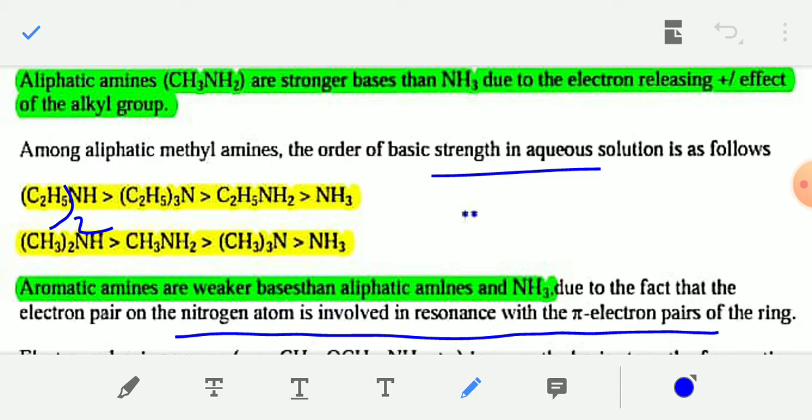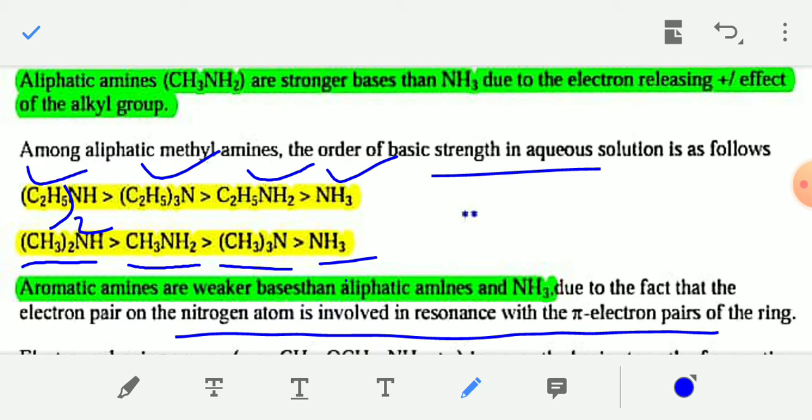In aqueous solution, the basic strength of different ethylamines is in the order 2 degree ethylamine greater than 3 degree ethylamine greater than 1 degree, or primary, ethylamine greater than ammonia. And in case of different methylamines, the basic strength in aqueous solution is 2 degree methylamine greater than 1 degree methylamine greater than 3 degree methylamine greater than ammonia.